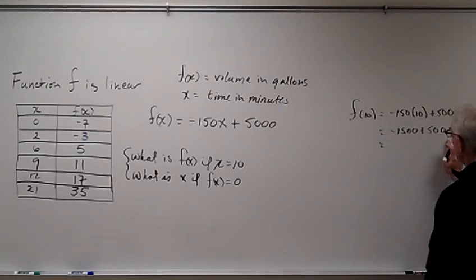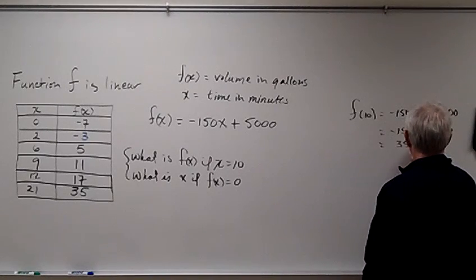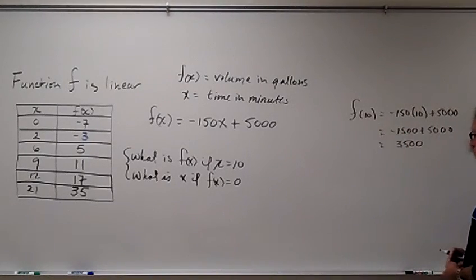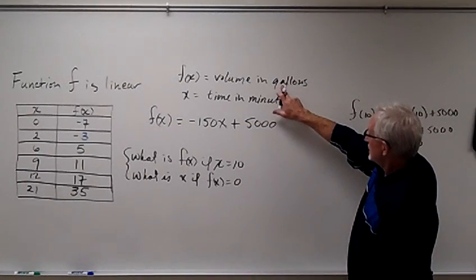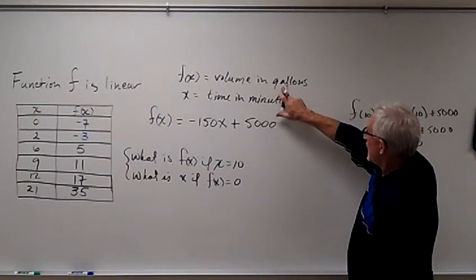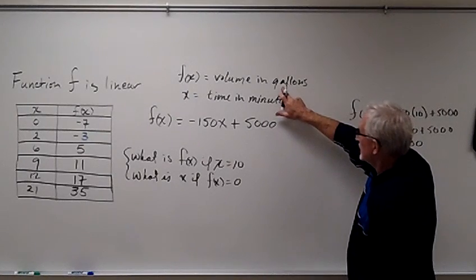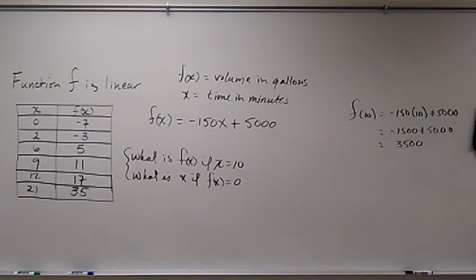Another little bit of arithmetic. We know that that's going to be 3,500 gallons. So when x is 10, our f of x is 3,500 gallons.